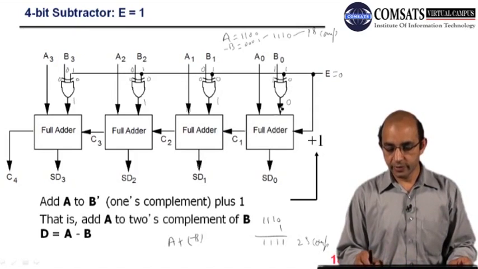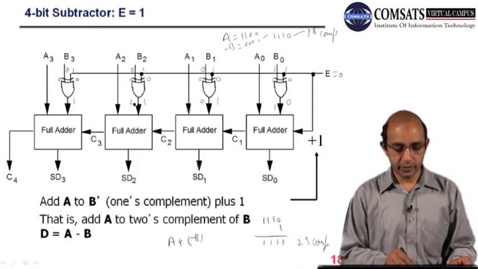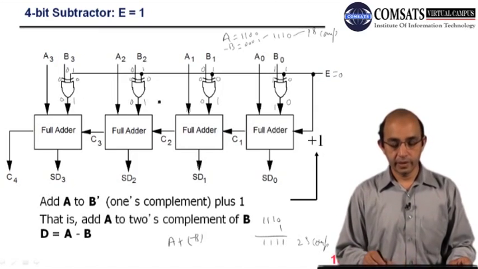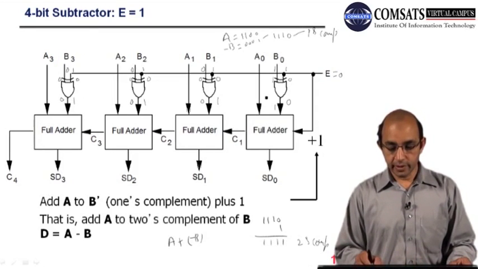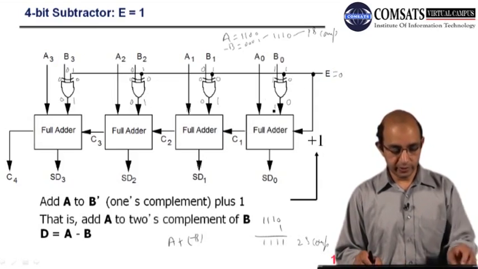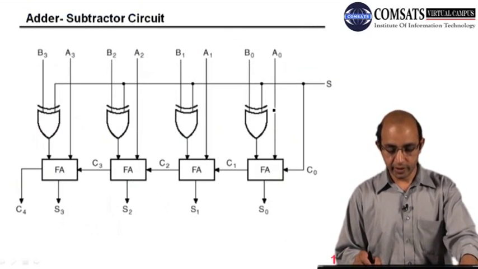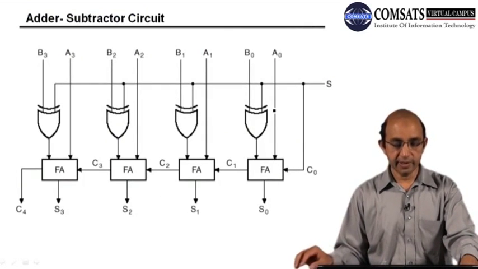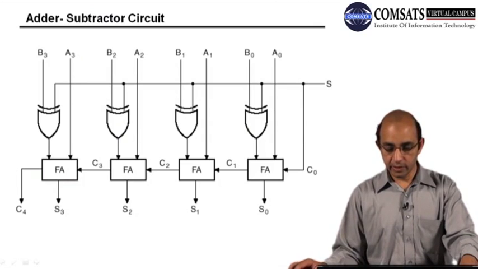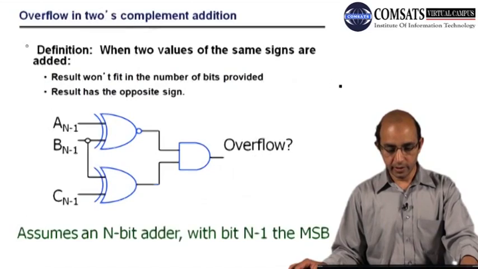So you can see that if E is equal to 0, we have the same number, and now we will be performing the addition. So this is the difference. Here this is the adder subtractor circuit. The only thing you have to do is make this 1, then you will be subtracting. If this is 0, then you will be performing a simple addition operation.